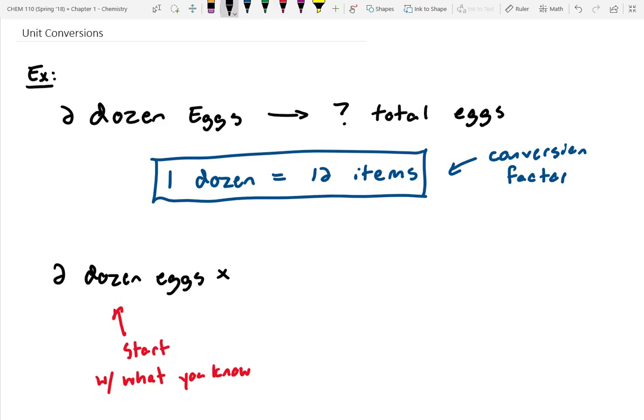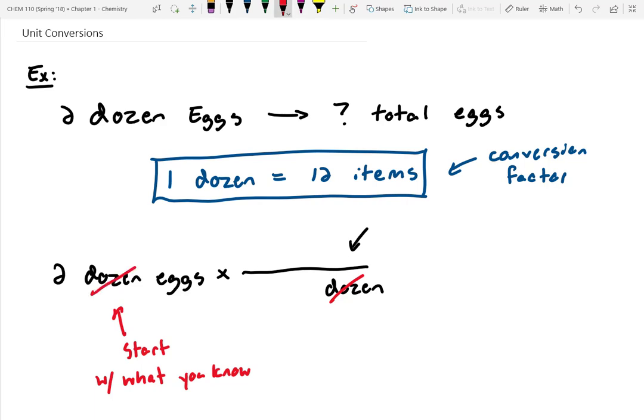And the way this works is we need to be sure to cancel out our units. So in this case, do we want dozens to be in our numerator on top, or do we want dozens to be on the bottom? On the bottom, right? If we put dozens on the bottom, then all of a sudden we can cancel dozen because it's both in the numerator and denominator, and so it cancels out, right? So just using basic math rules.